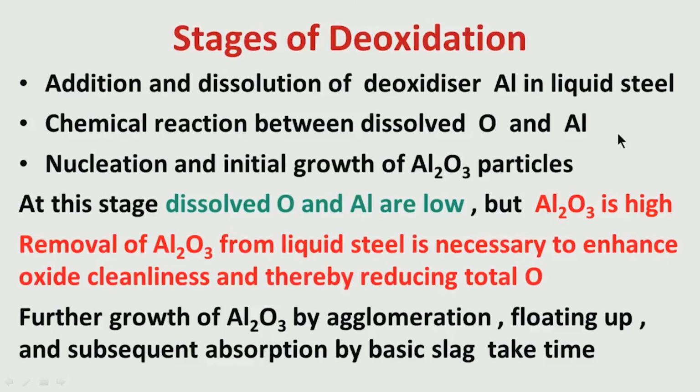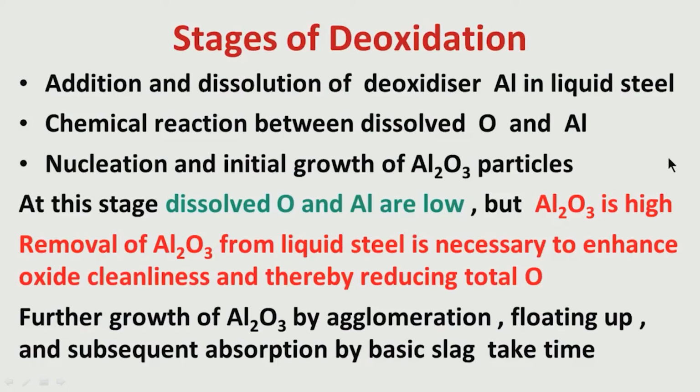So, at this stage, what is the situation? We have added aluminum, aluminum has got into solution in liquid steel. This aluminum in liquid steel is reacting with oxygen, producing alumina. So, in the process, what is happening?